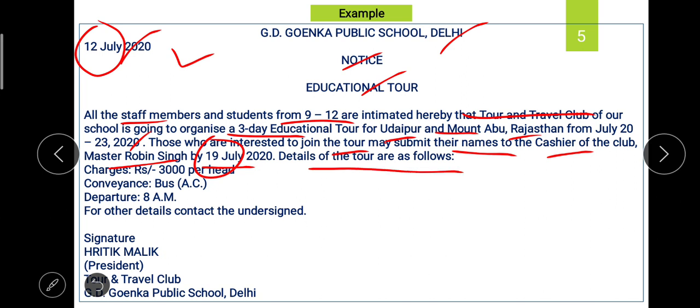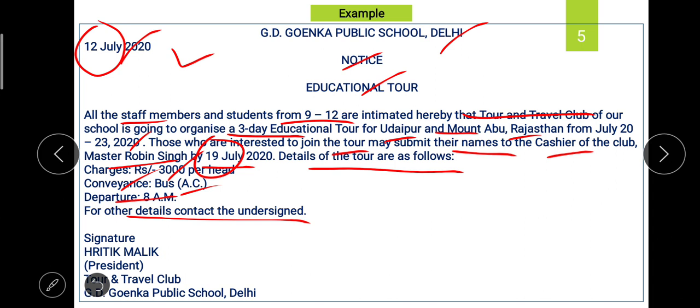Details of the tour are as follows. Charges are 300 rupees per head. Then conveyance, the tour will go by bus fitted with AC. Then departure time is mentioned, and for other details there might be some other points which the students who are going to take part in the tour would like to ask from the authorities. So we can't make a mention of each and everything. The minor details should be avoided over there.